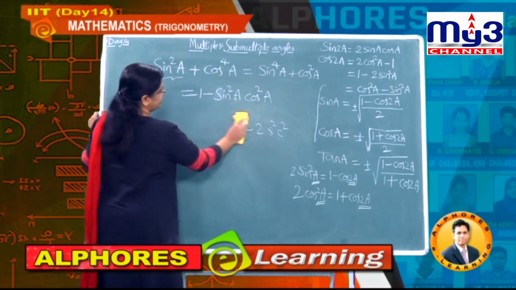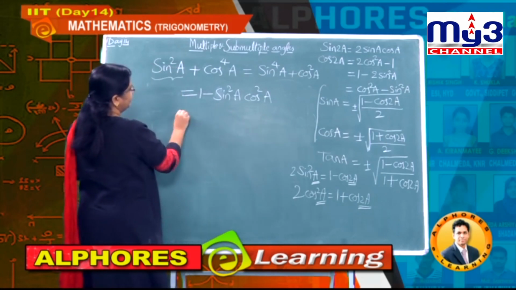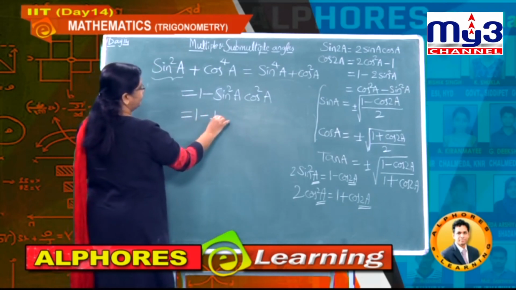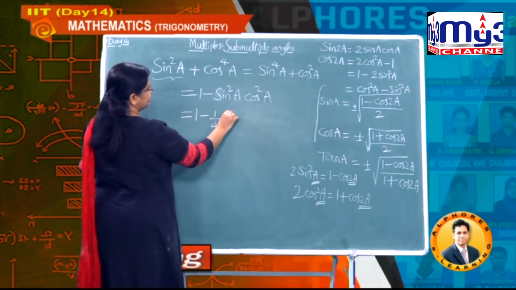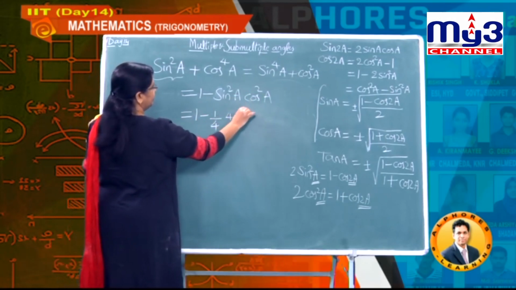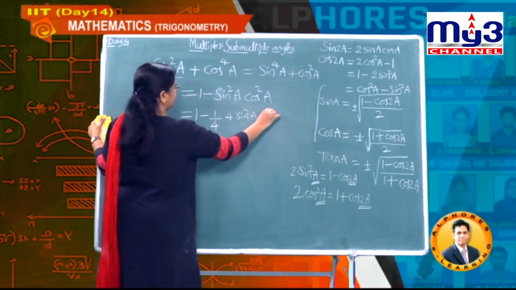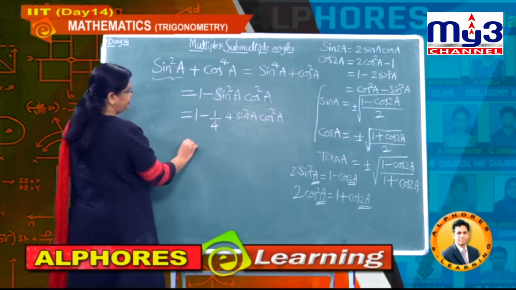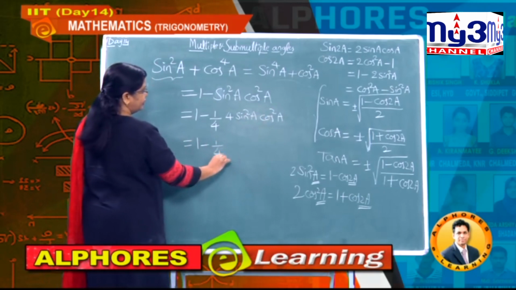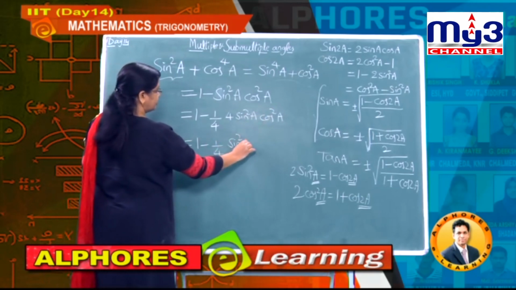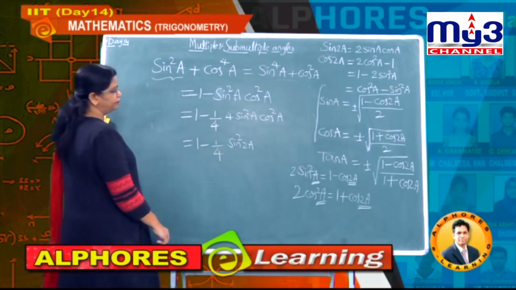Now students, here I am just multiplying and dividing by 4, okay, so as to write in terms of that sin 2A formula. Now 4 sin square A cos square A. So what is the value? 1 minus 1 by 4 sin 2A whole square. So sin square 2A. Got it?